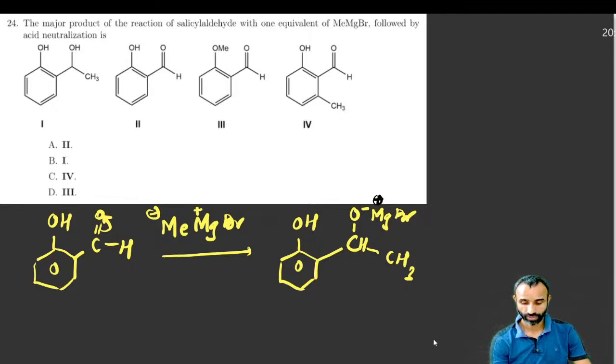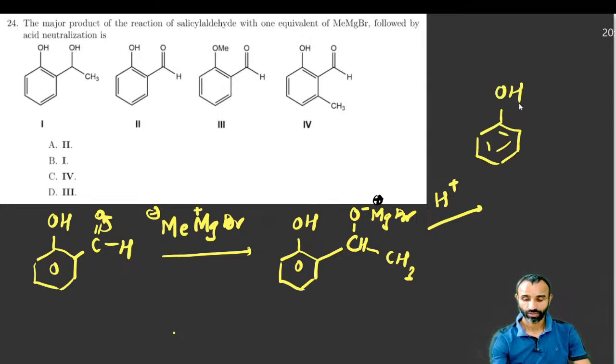In this way, and on hydrolysis followed by acid neutralization, we get OH and CHOH, means it can be written like this.